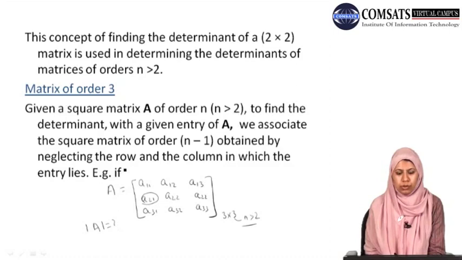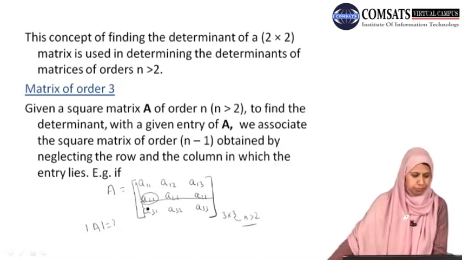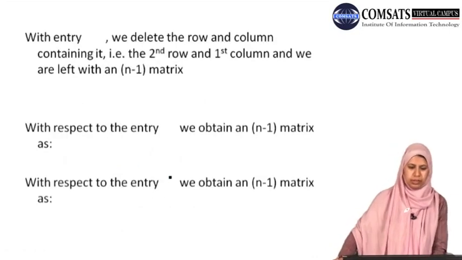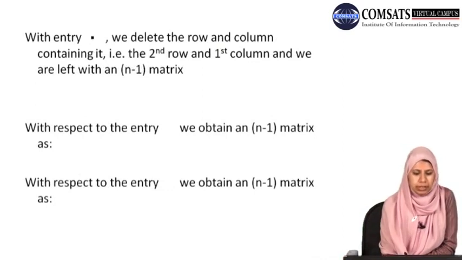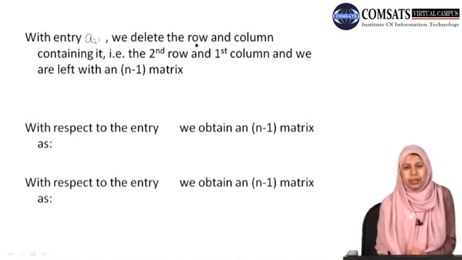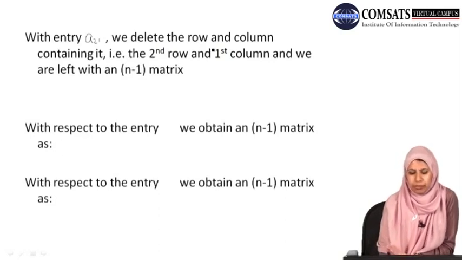By neglecting the row and the column in which the entry lies. For example, with entry A21, we delete the row and the column containing it. That is, we delete the second row and the first column, and we are left with a matrix of order 1 less than the given matrix.